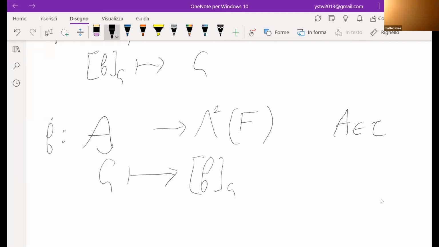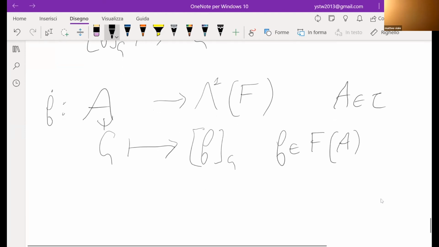So I take G, which is in A, and I associate the equivalence class of F, provided that F belongs to F of A and the regularization. Sorry, apologies, G belongs to A is meaningless: A is an open set in the topology, and G is an ultrafilter on the regular open sets. So this is the condition.